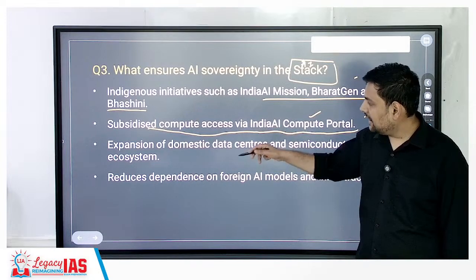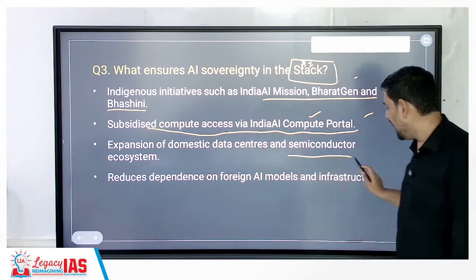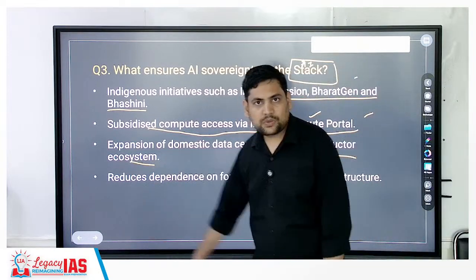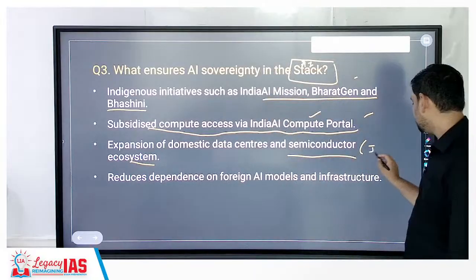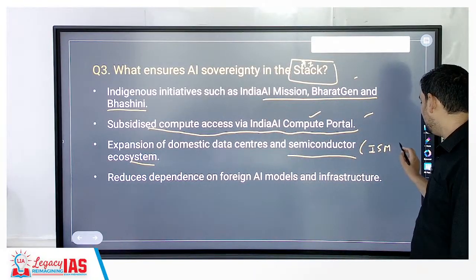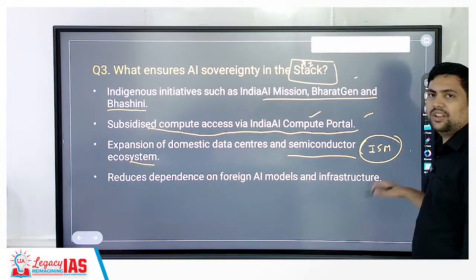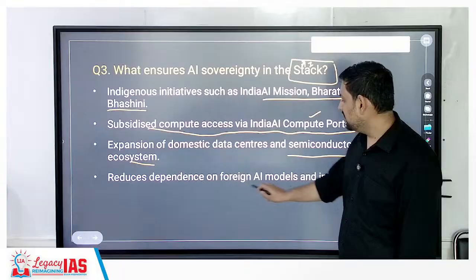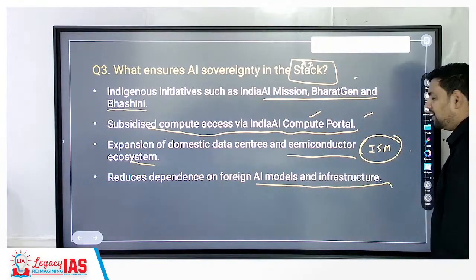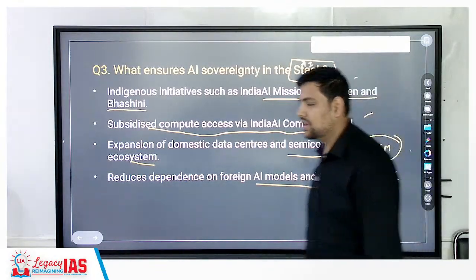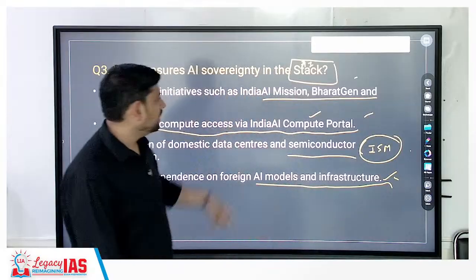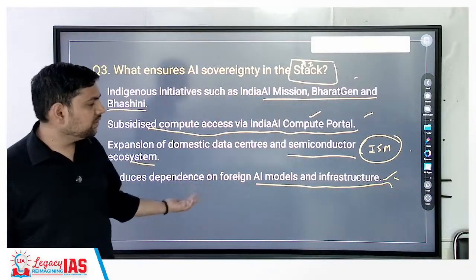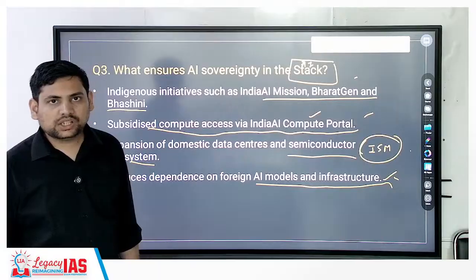Then expansion of domestic data centers and the semiconductor ecosystem. Here you can learn about India's semiconductor mission, correct? So we are developing data centers and the semiconductor ecosystem. Then it reduces dependence on foreign AI models and infrastructure. This is one of the core missions under the India AI mission, that is, we want to decrease our dependence on foreign entities.